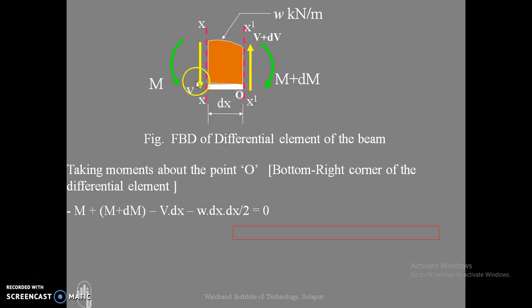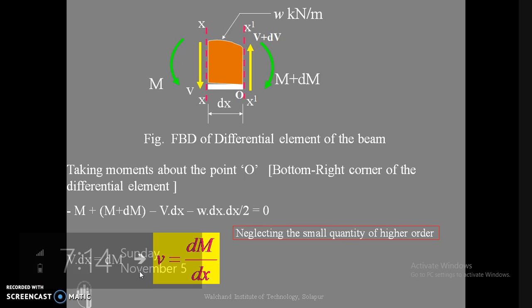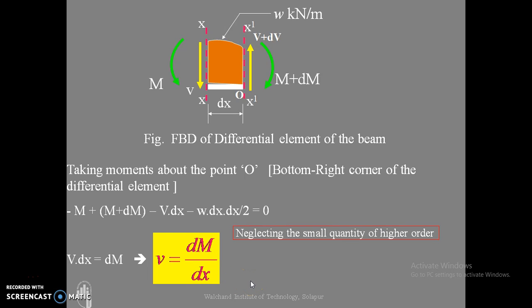Considering anti-clockwise moment as negative and clockwise moment as positive, we get this equation, which consists of this moment, this shear force, then this moment, and the loading present on this section. Neglecting the small quantities, this equation further reduces to V dx equal to dM.